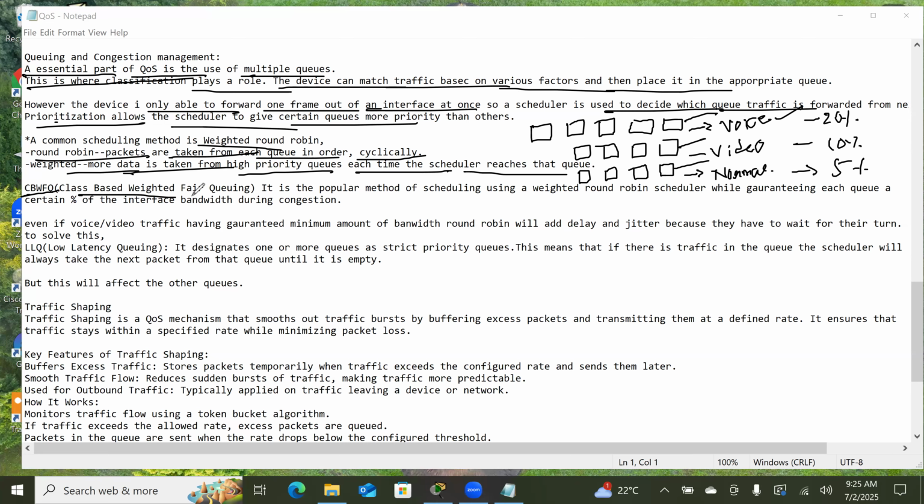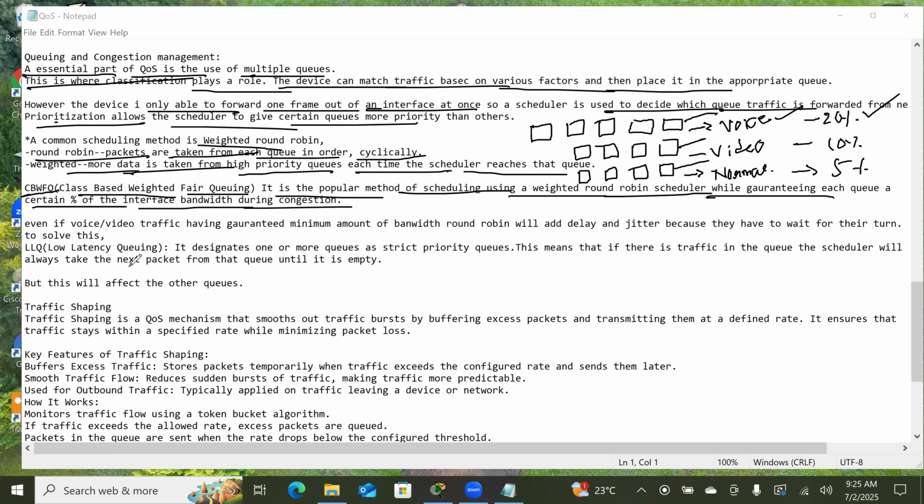The next method is CBWFQ, class-based weighted fair queuing. What is this? It is a popular scheduling method using a weighted round robin scheduler while guaranteeing each queue a certain percent of the device bandwidth during congestion. That's what I said: every time it's going to take a certain percent of the data from each and every queue.